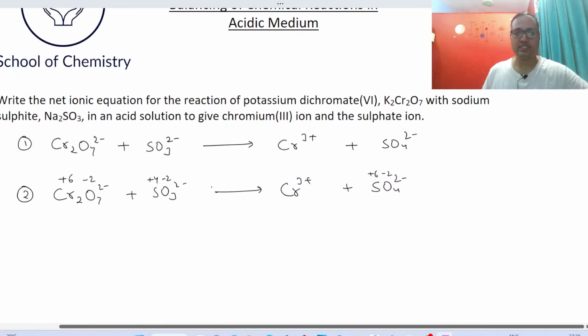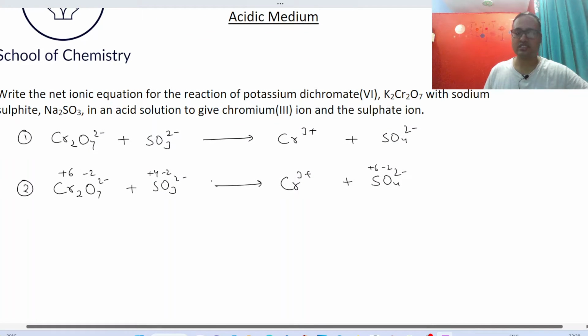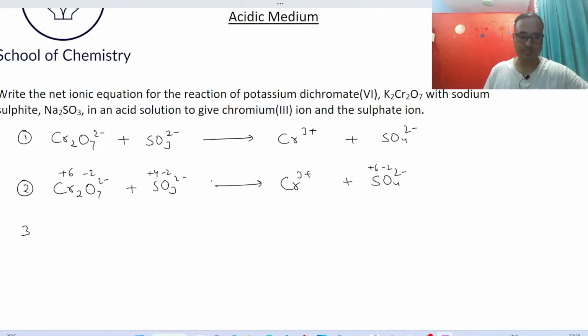In the next step, we need to identify which species is undergoing oxidation and which is undergoing reduction. So the third step which we need to follow is to identify the species undergoing oxidation and reduction.